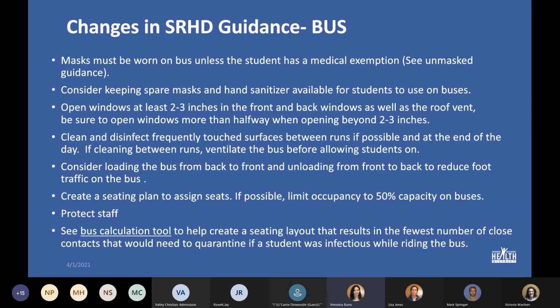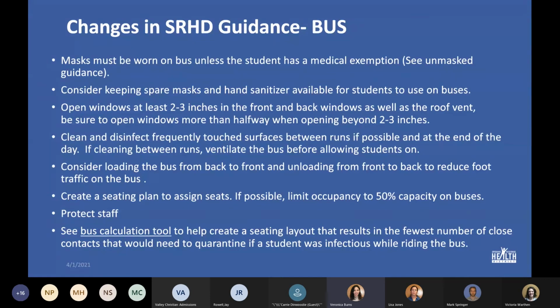And to help you figure out a good seating layout, we'll also have an Excel bus calculation tool that will tell you the average number of close contacts by seat. I can put in a screenshot of what that would look like in the chat, but basically you put a 1 wherever you want a student to sit, and it'll tell you the average number of close contacts.